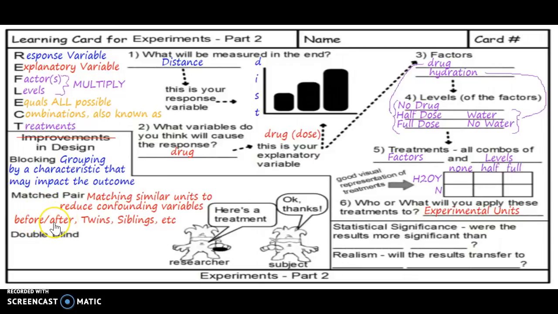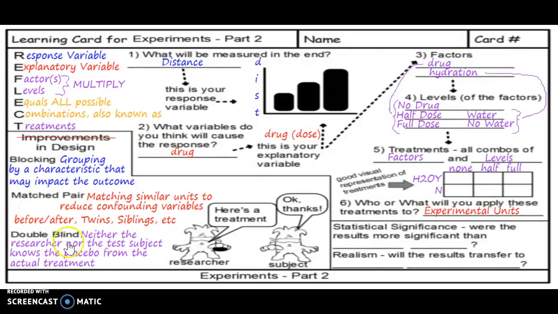That could be matched pairs. If you pair twins together or siblings or spouses together so that you are comparing the difference between the two spouses or the two twins, that is a matched pairs experiment. Probably the most common is a before and after experiment.